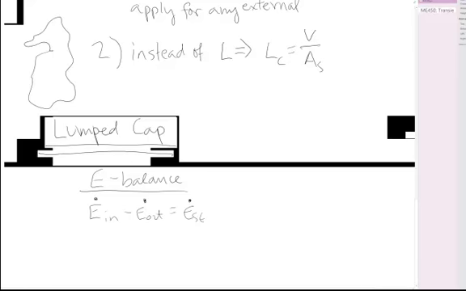Now, if you remember from basic thermodynamics of solids, the energy stored in an object is going to be the mass times the specific heat times the change in temperature. So if you're looking at the rate of energy change, then you need the rate of temperature change. So that's going to be mass times specific heat times the rate at which the temperature changes. Okay, we can rewrite the mass as density times volume.